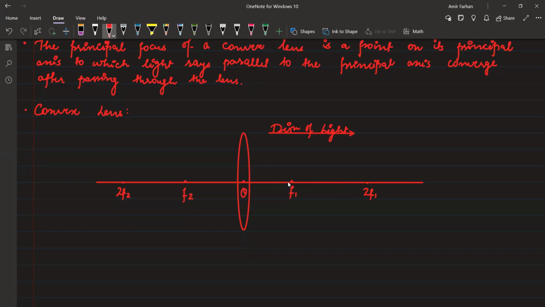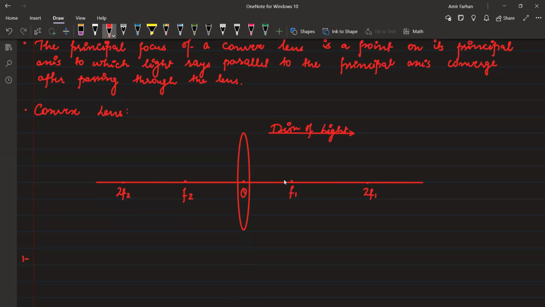So is the focal length positive or negative for a convex lens? Positive. It is obviously positive because we are going in the direction of light.